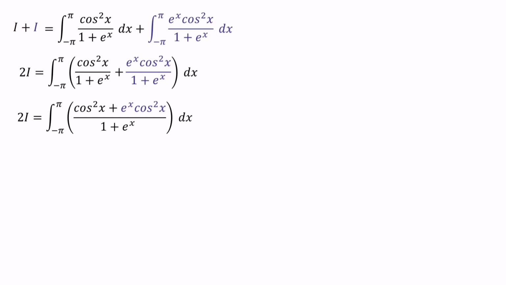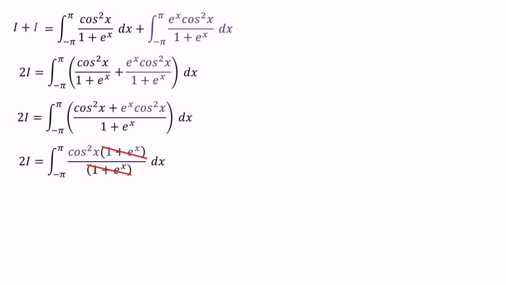In the numerator, cos squared x is a common factor. So we can write cos squared x within brackets 1 plus e to the power of x, over 1 plus e to the power of x in the denominator. Now we can cancel out the numerator value 1 plus e to the power of x against the denominator value 1 plus e to the power of x.